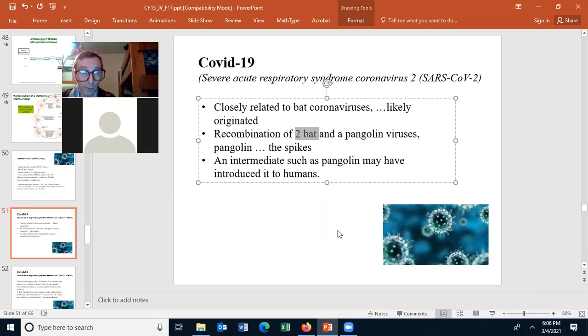They think, although nobody really knows, that before spreading from some original animal, it got into a pangolin as an intermediate. A pangolin, once again, is a spiny anteater. And the pangolin may have introduced it to humans.